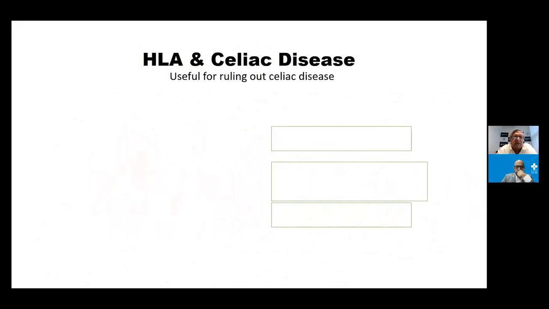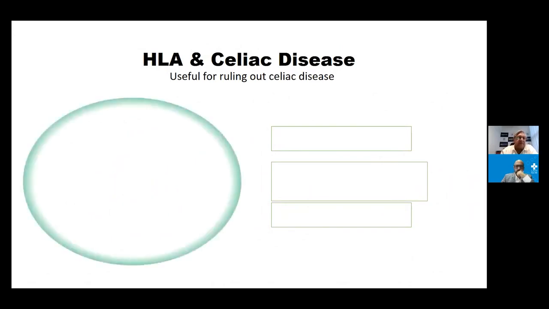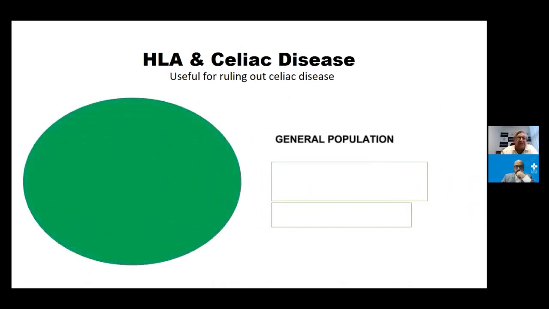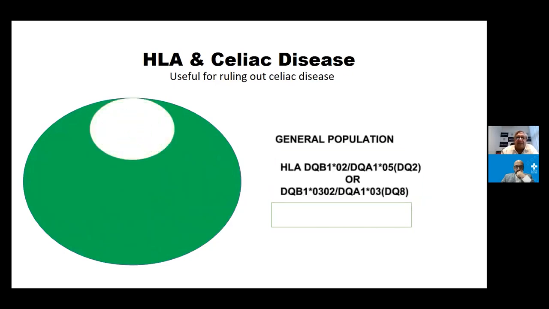To understand the role of HLA in celiac disease, as I indicated, the antigen presenting cells will present the gliadin to lymphocytes on HLA-DQ2 or HLA-DQ8. So overall, if this is the general population, you would find that some of them would have HLA-DQ2 or DQ8.